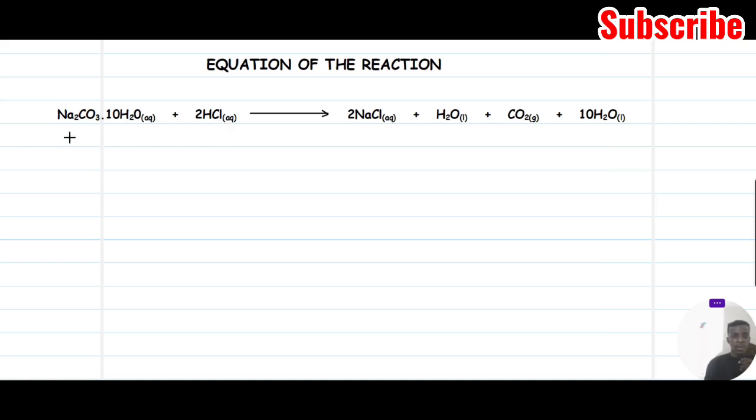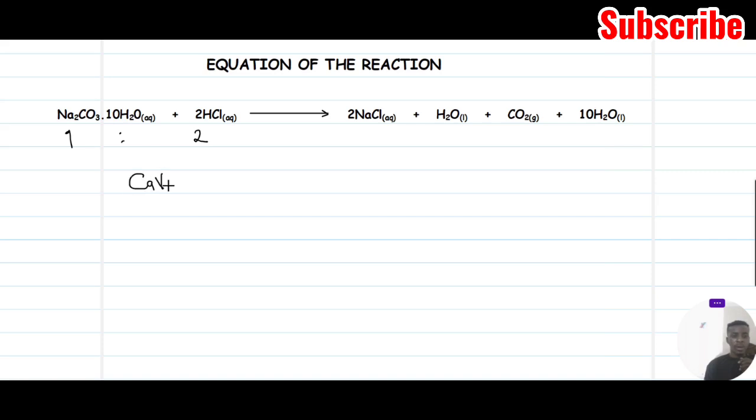The ratio is 1:2: 1 mole of this reacting with 2 moles of this. You can get the average volume of acid used, which is your end point. There are a lot of ways you can do that, but let me use the formula alternative method, which is very simple for you to understand.